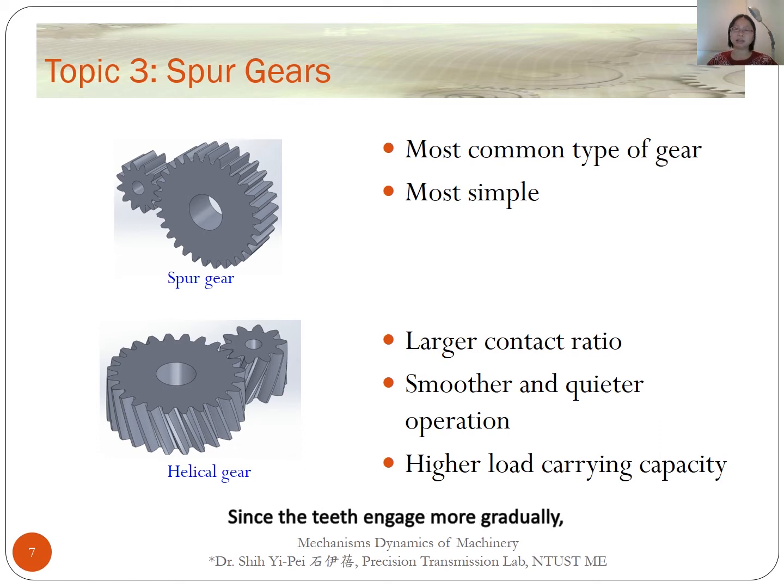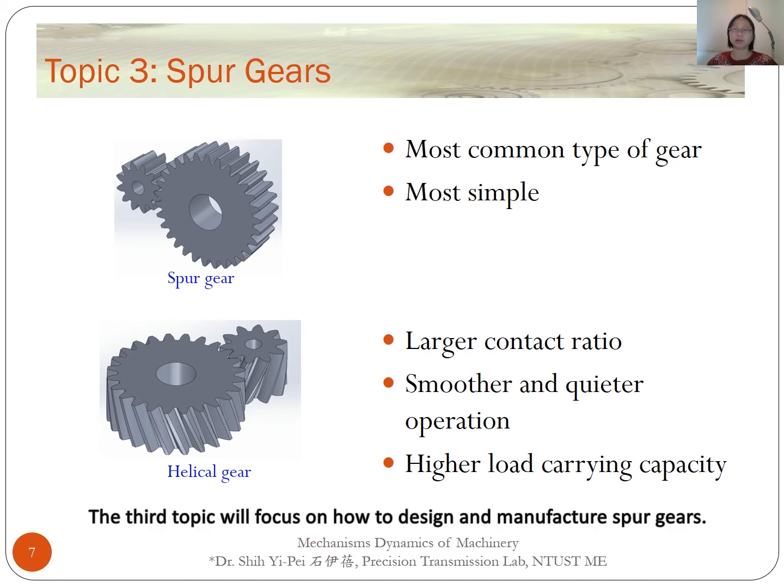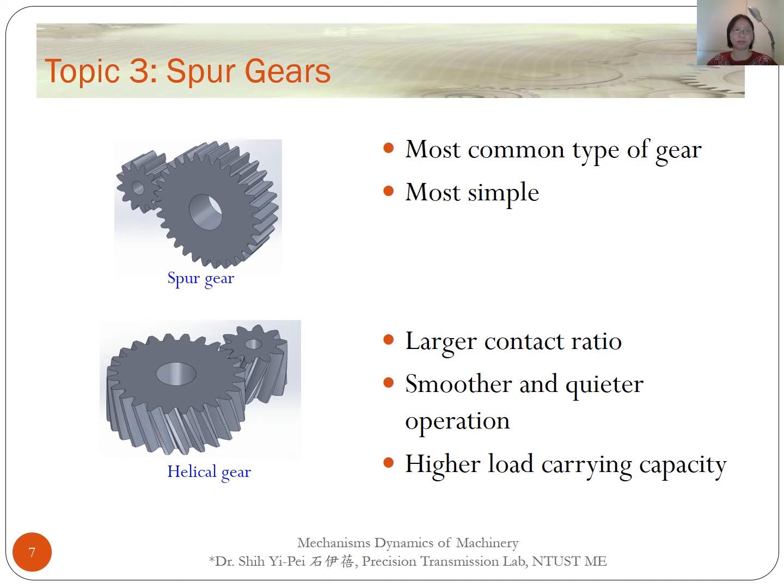Since the teeth engage more gradually, they have a larger contact ratio that enables smoother and quieter operation than spur gears. Helical gears also have greater tooth strength and higher load-carrying capacity. The third topic will focus on how to design and manufacture spur gears.